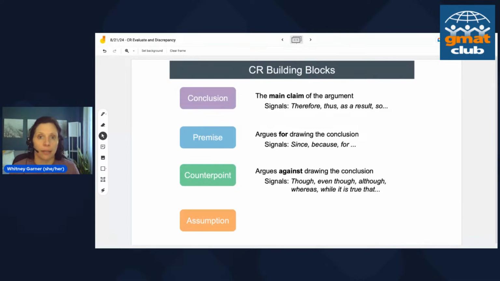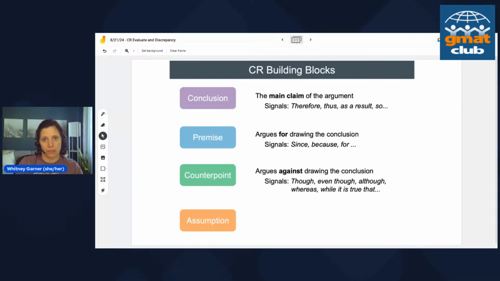Well, my conclusion, pigs would fly slowly and close to the ground, depends on this stated assumption that pigs can fly, which they can't. But sometimes an author will say, if this thing, then my conclusion. Right? If we sell as many units as we did last time, then we will make more money. In that case, it's technically a stated assumption, but in terms of our exercise in critical reasoning, we never look at stated assumptions.